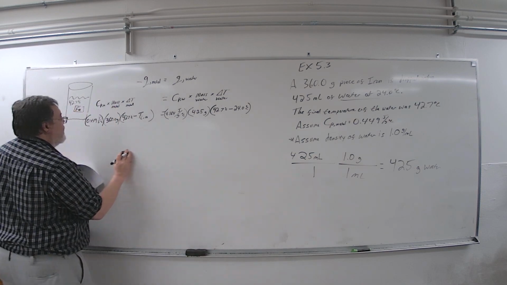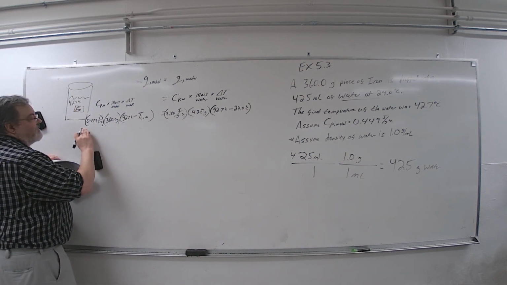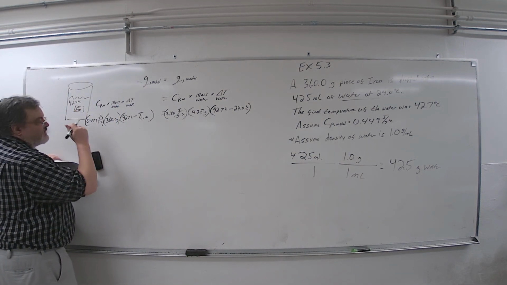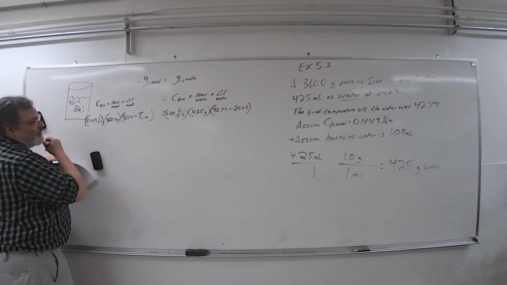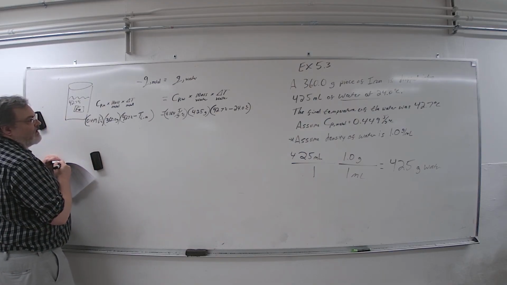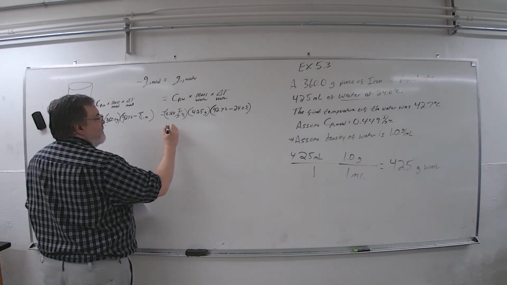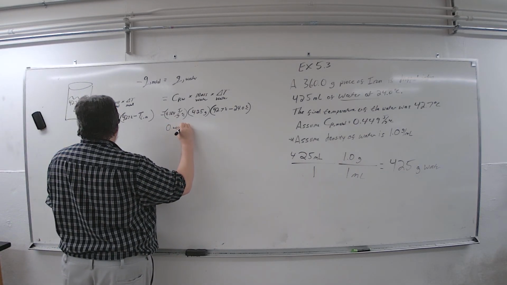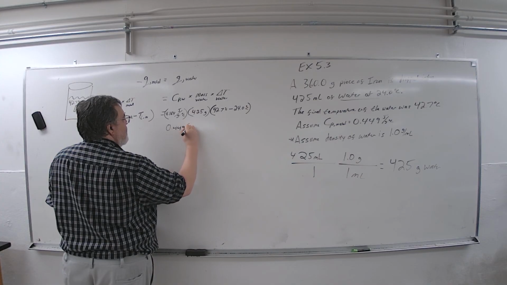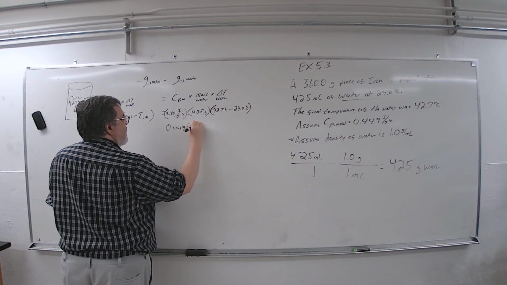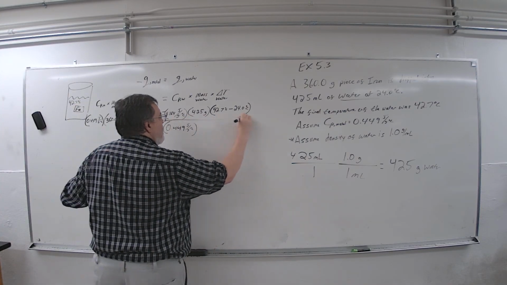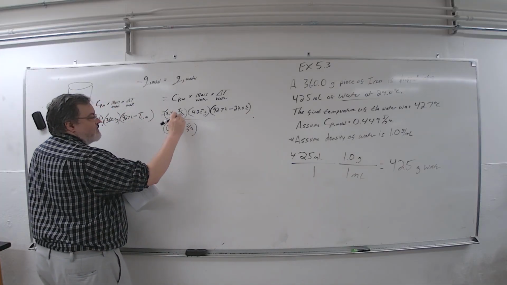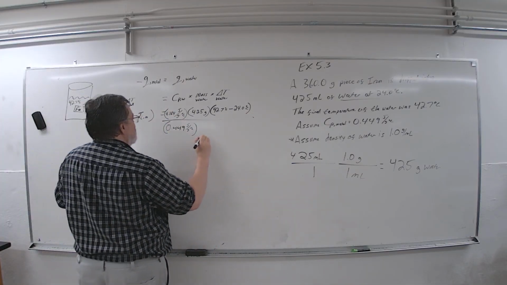If it were me, I would divide both sides by this and this. That'll cancel. Those units are going to cancel. 360.0.